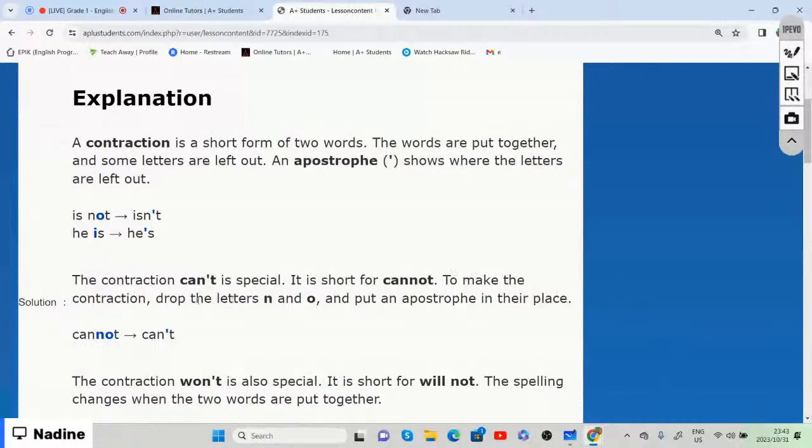And to make the contraction, drop the letters N and O and put an apostrophe in their place.